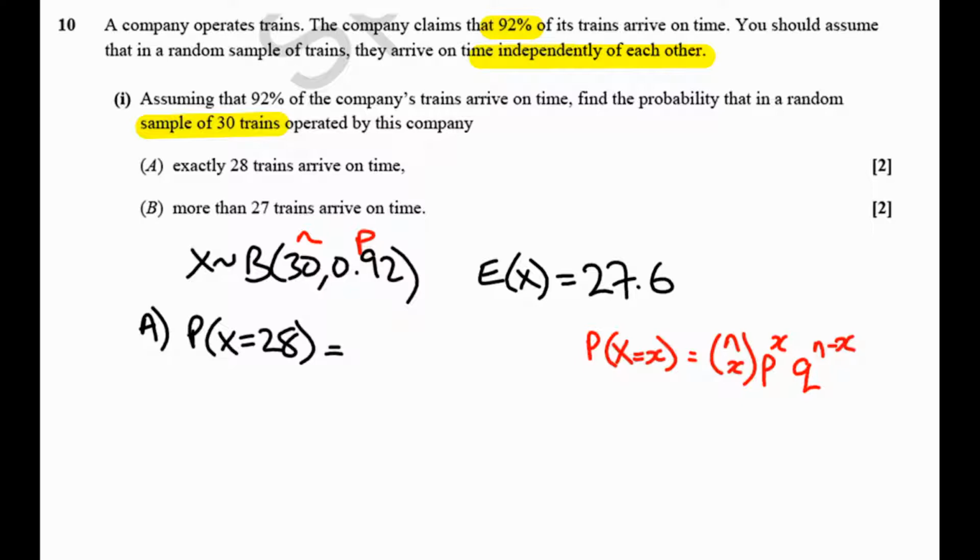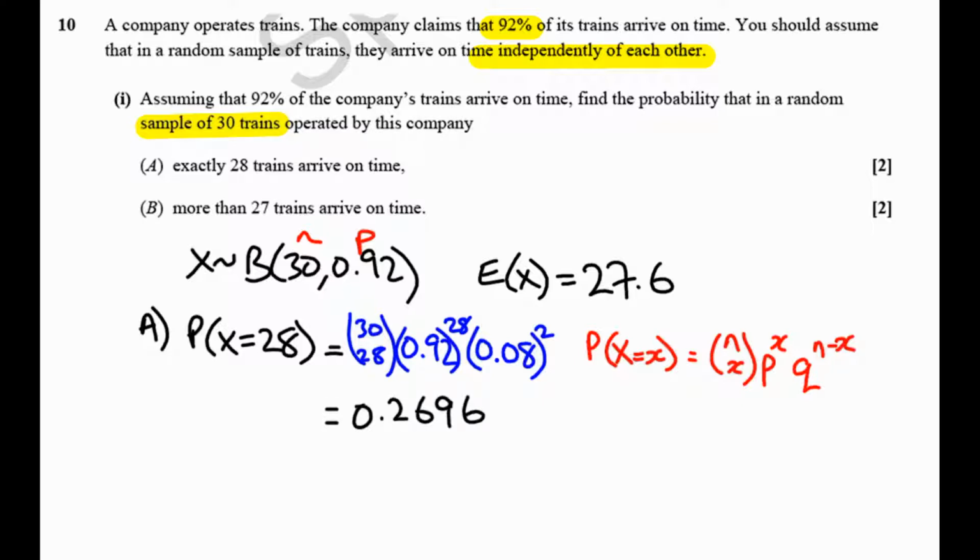So substituting that all in, I'm going to get 30C28, 0.92 to the power of 28, and 0.08 to the power of 2. And that gives an answer of 0.2696.